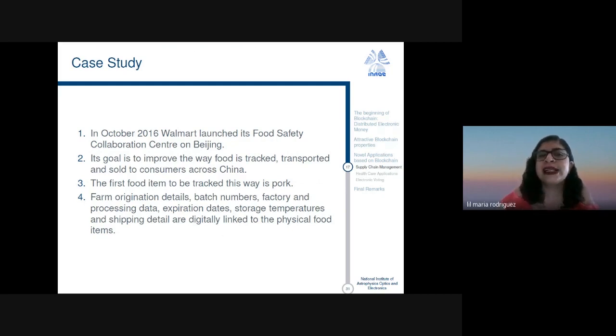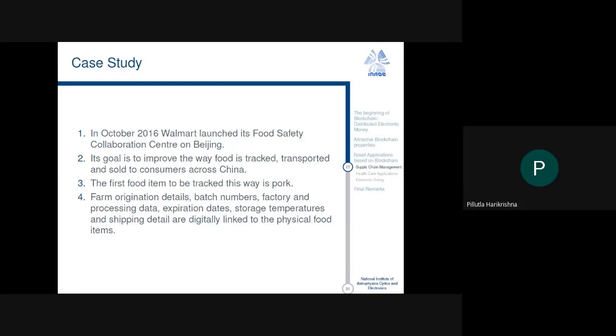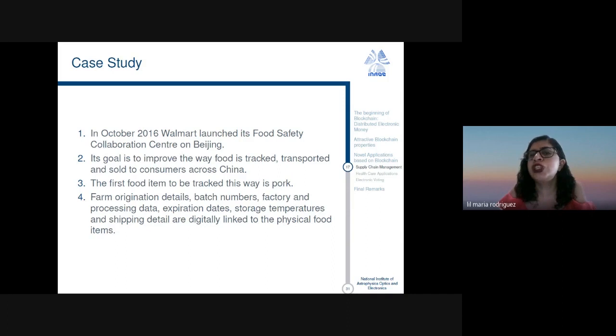Well, basically, in October 2016, Walmart launched its Food Safety Collaboration Center in Beijing. The idea was to improve the way food is tracked, transported, and sold to consumers across China.